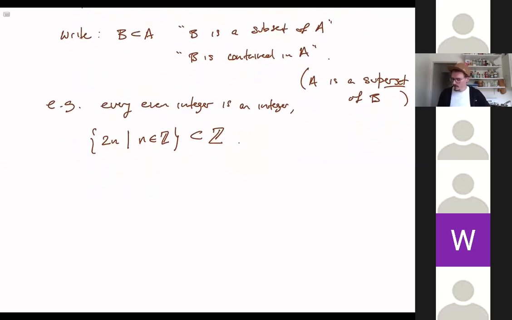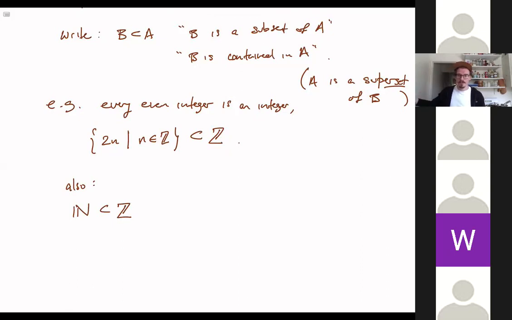Let's have more examples. So we introduced a bunch of different letters for the natural numbers and the integers, rational numbers, the real numbers, complex numbers. So these all have some containments between them. The natural numbers are contained in the integers, right? Because the natural numbers are essentially the non-negative integers.